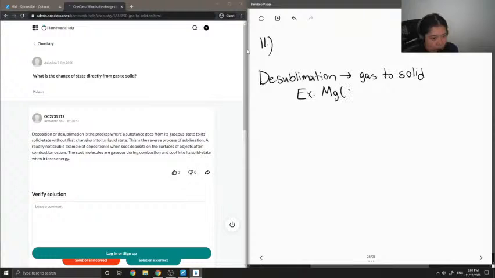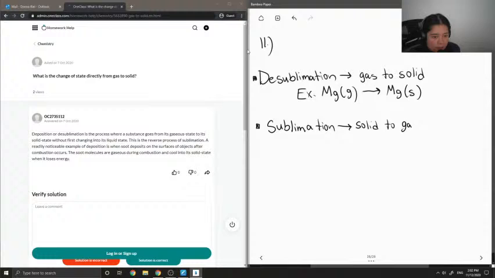Let's say you had magnesium as a gas, going straight from the gas to a solid without having like a liquid phase in between. So the opposite of desublimation, as you can guess, is just sublimation. So this is the conversion of solid to gas, again without any intermediate liquid phase.